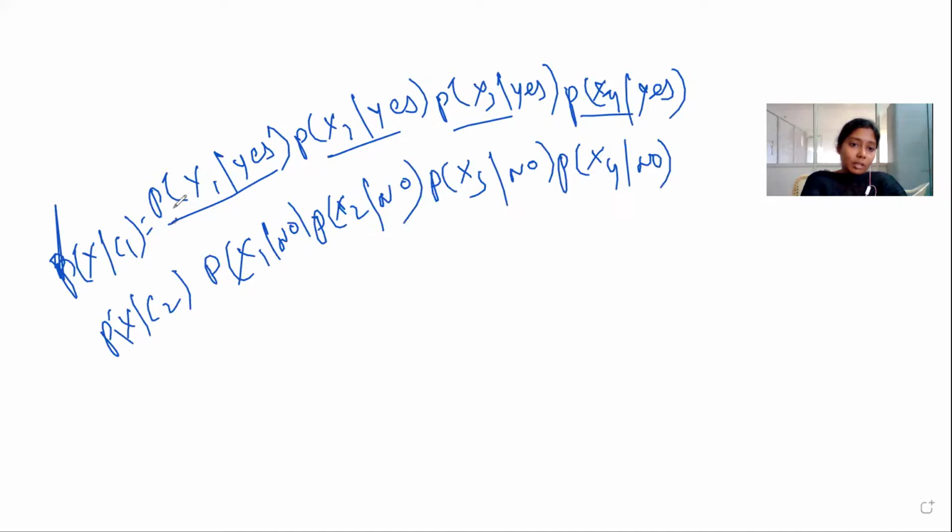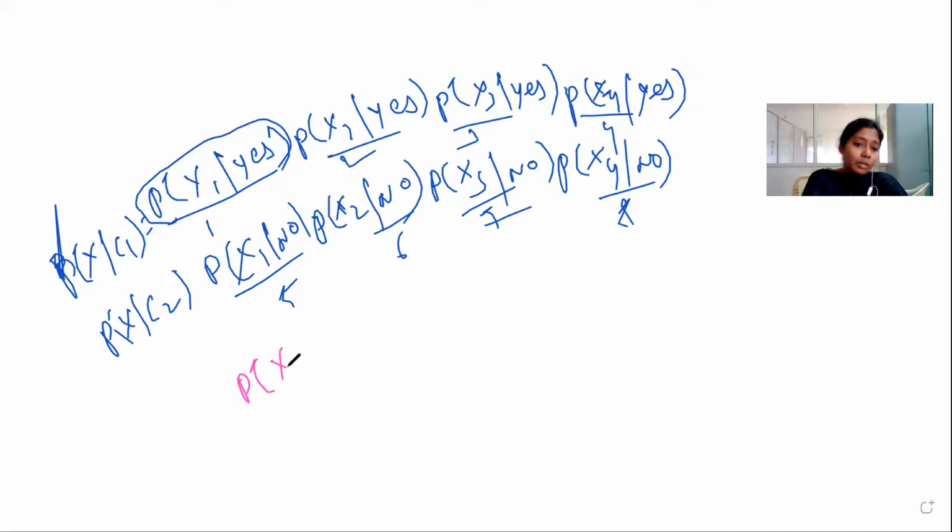So let's come to this. Suppose it is numbered 1, 2, 3, 4 and 5, 6, 7, 8. All these values we want, right? Let's calculate one by one. P of X1 given S class.